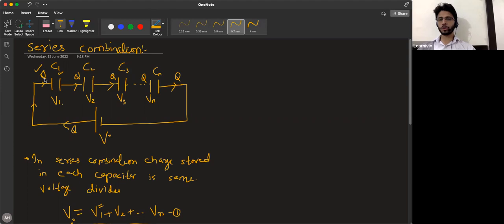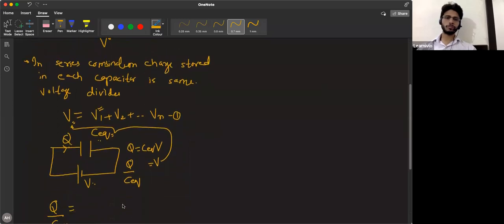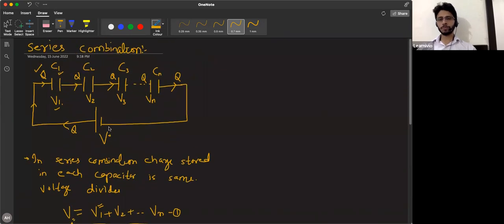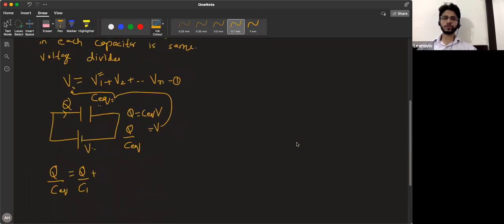Only charge stored in the first capacitor is Q, and voltage into capacitance gives charge, so V1 is Q by C1. What will be V2? Q by C2.